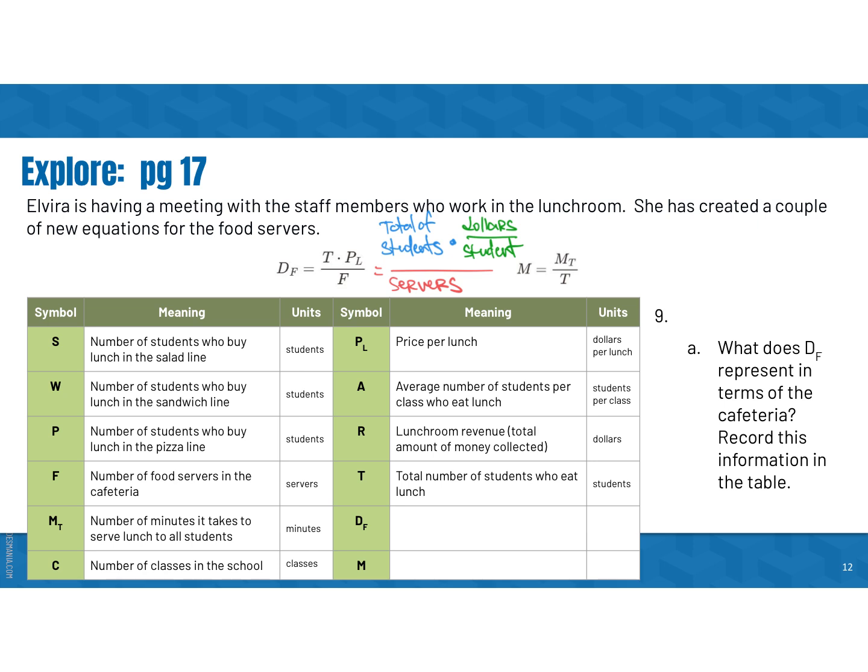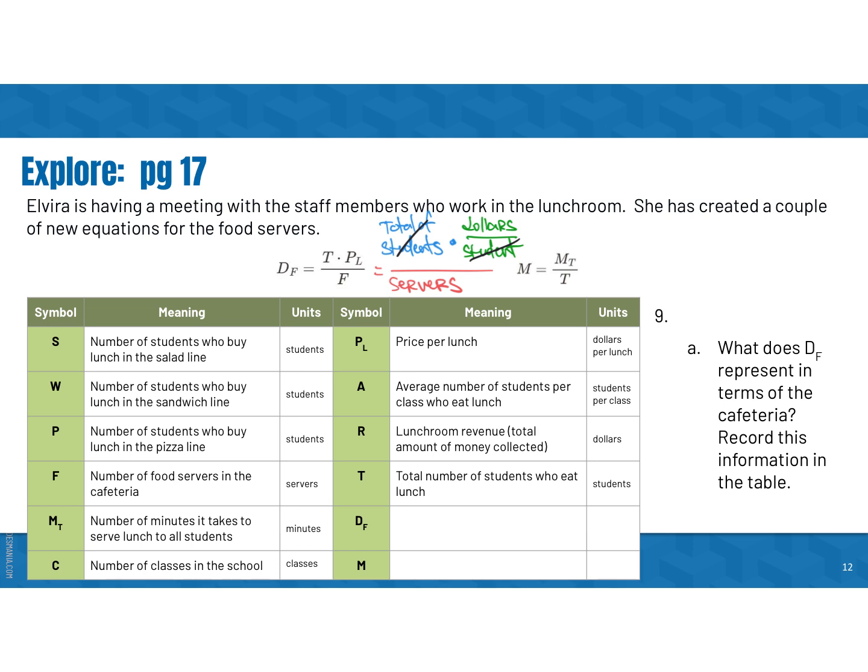So students are going to cancel each other out, the one on the top and the one on the bottom. Pretty much it's dollars per server.